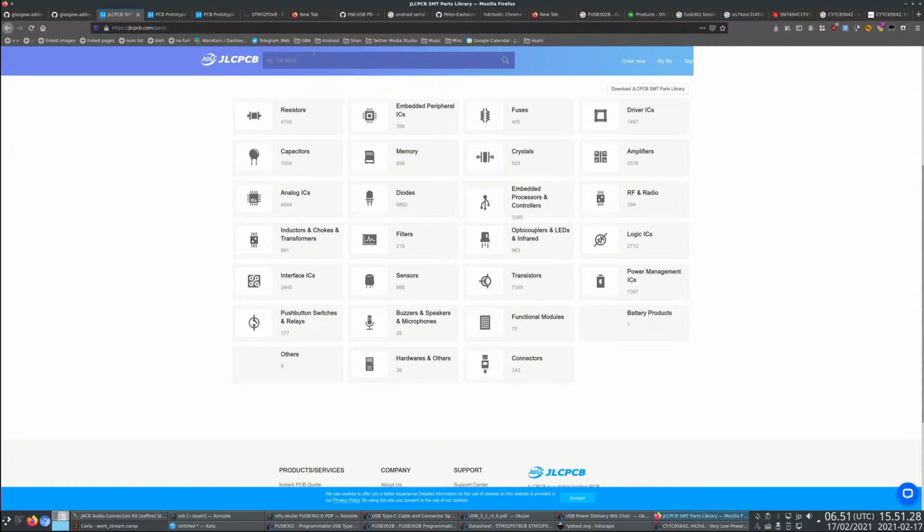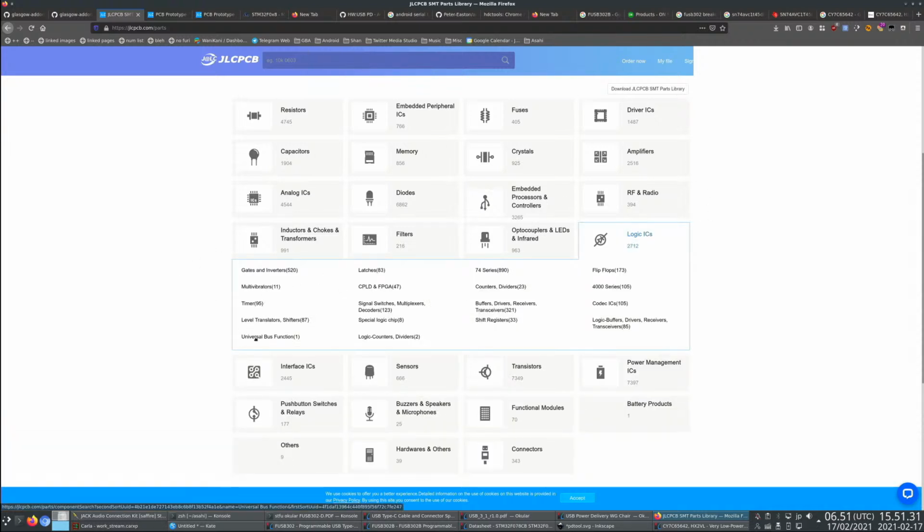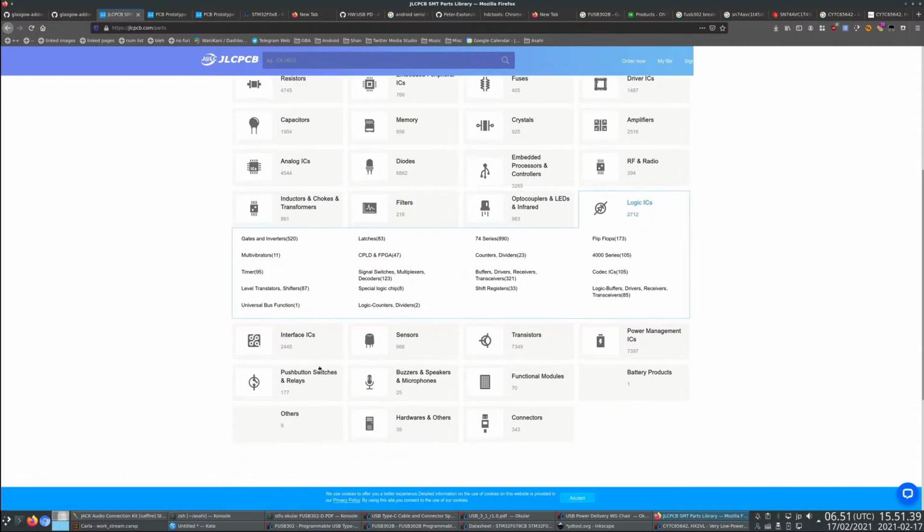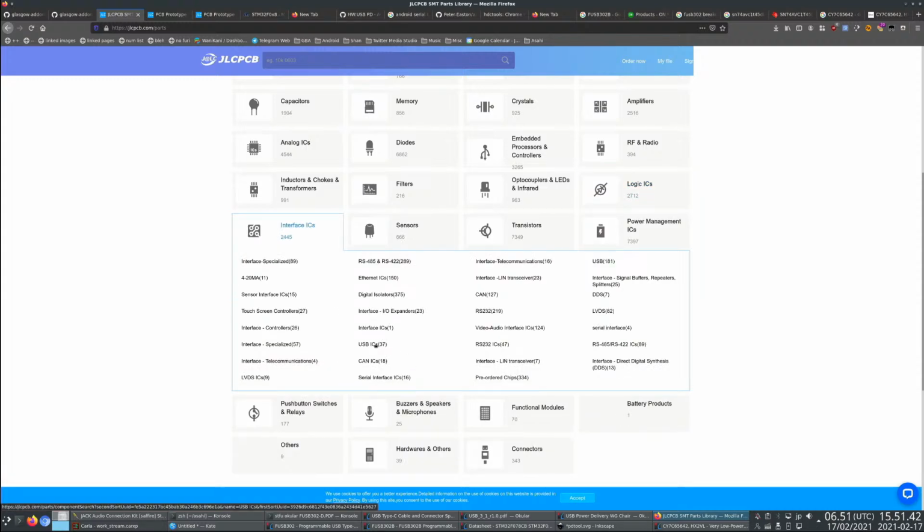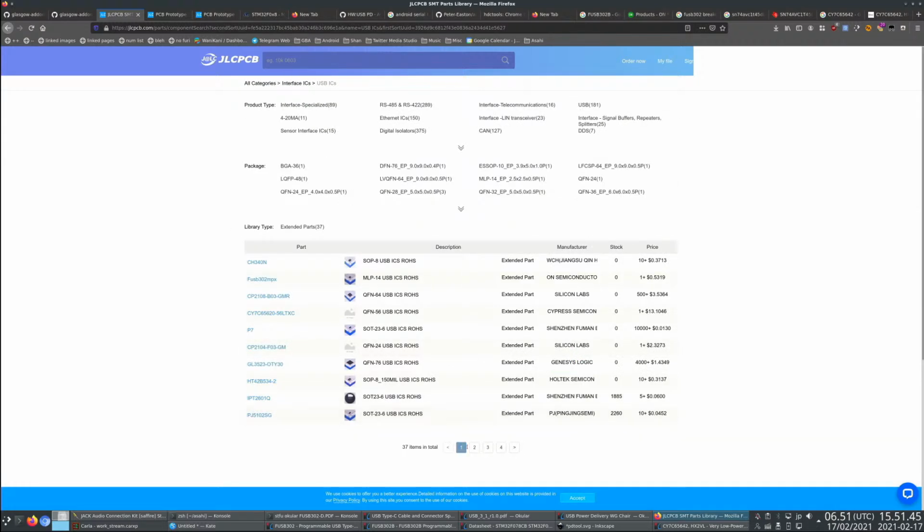I don't know what they call these anyway. Universal bus function. Interface. USB ICs, maybe? Oh yeah, there's the USB. It's hard to tell which of these are hubs, but there's some Cypress stuff in here. 65642, was it?